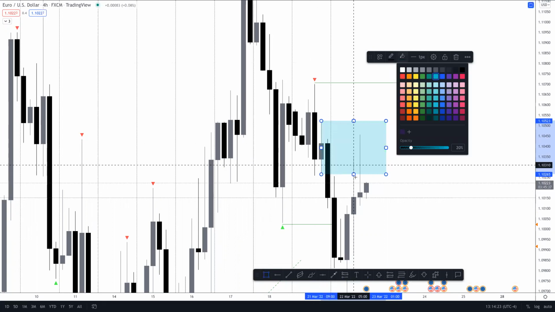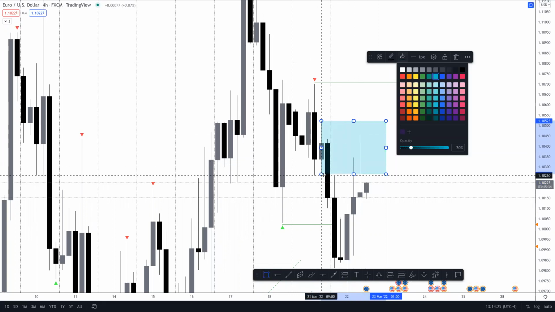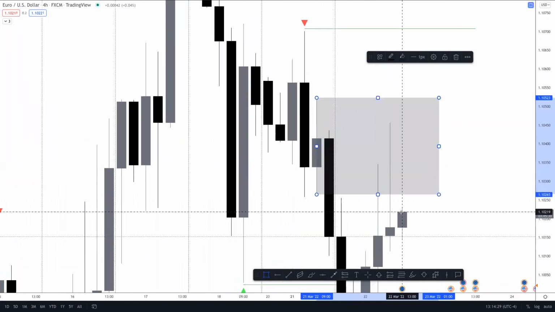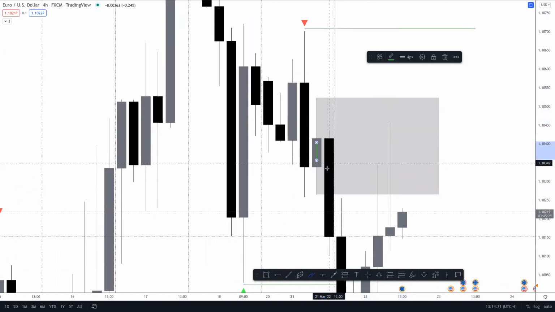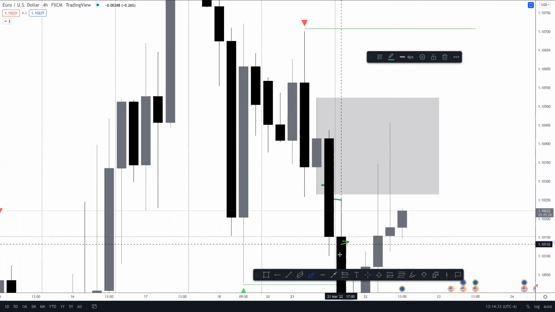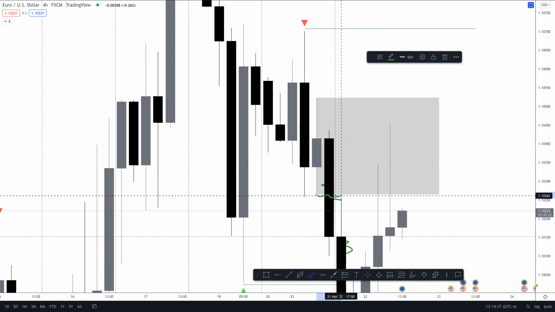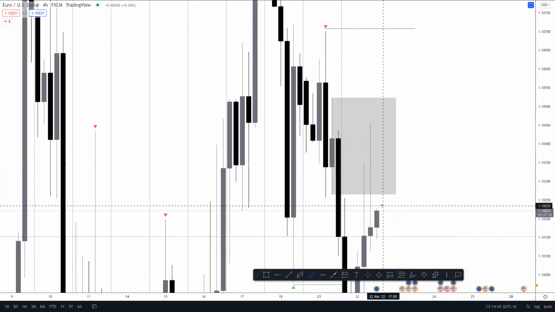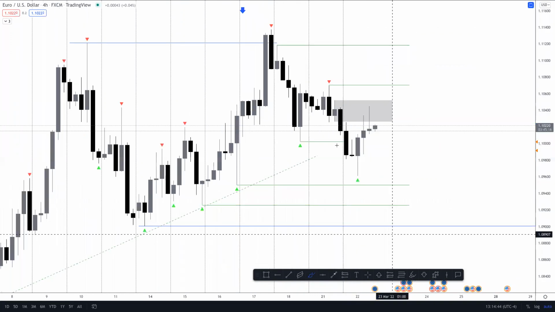Anyways, we saw that we have an OB here with a good amount of imbalance in it. If I zoom in, we do the 1, 2, 3 rule. Here's candle 1, here's candle 2, and here's candle 3. We can clearly see that candle 1 has a lot of imbalance between it and candle 3, telling me that it is a more valid OB to look at post the break of structure.